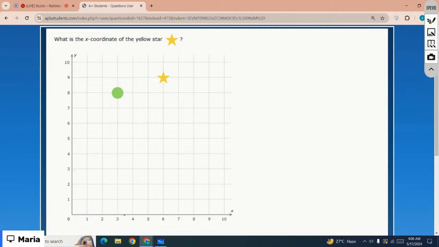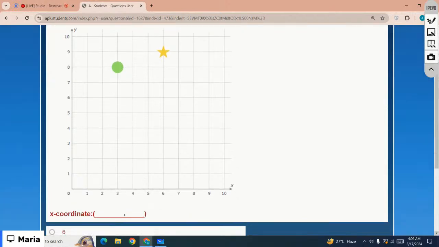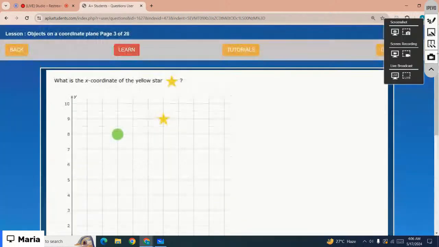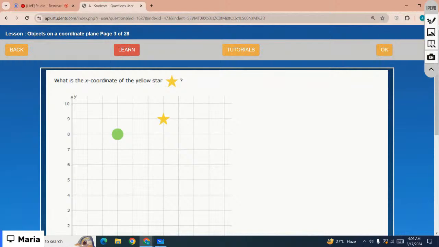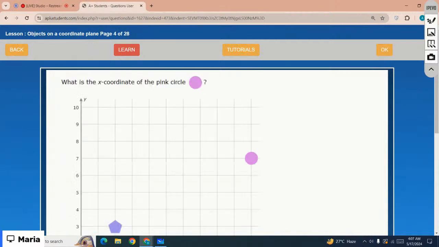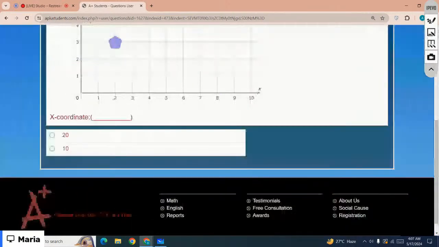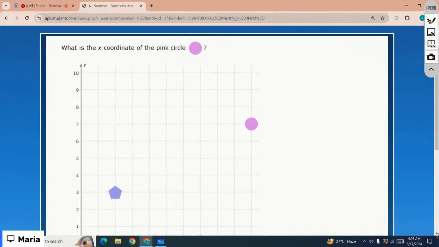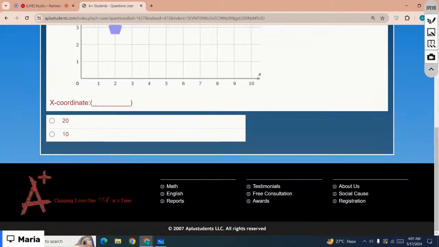So the x coordinate of the yellow star is 6. What is the x coordinate of the pink circle? The correct option is 10.